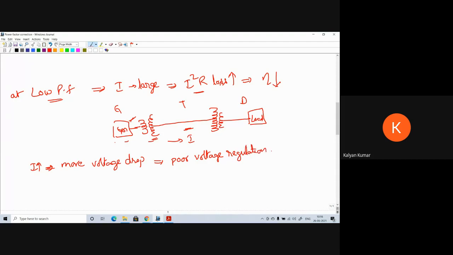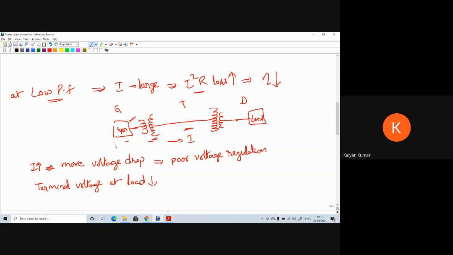And at the load center, whatever the voltage that is going to receive is going to decrease. Terminal voltage or receiving end voltage at load is going to decrease. The terminal voltage is going to decrease.